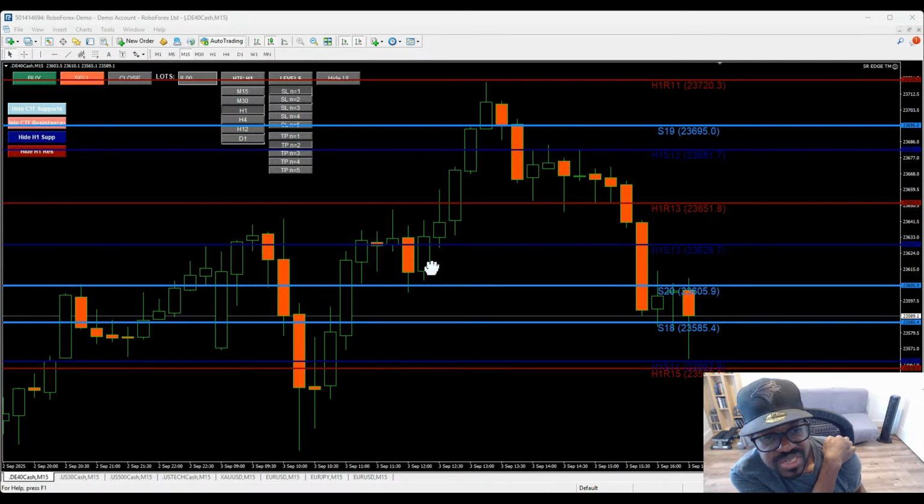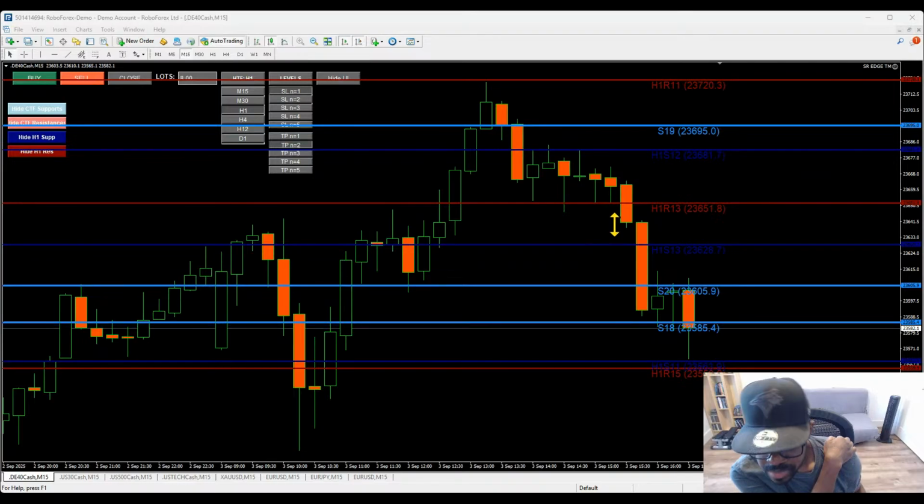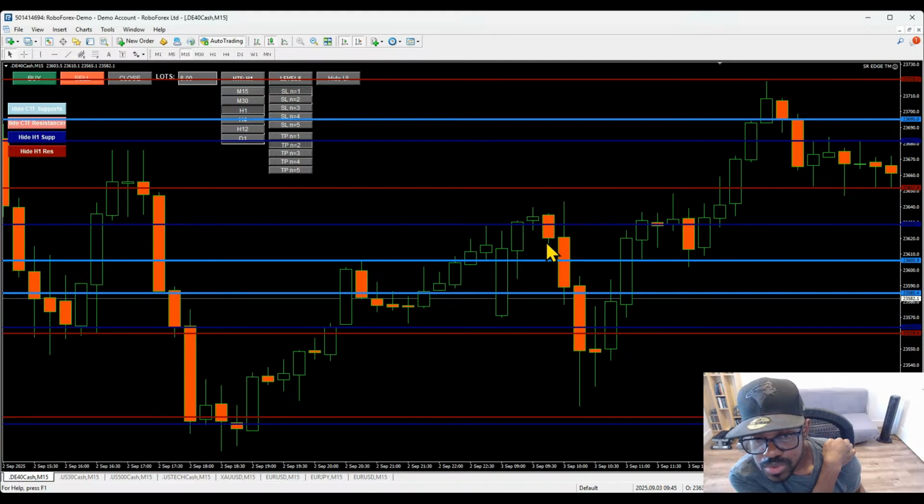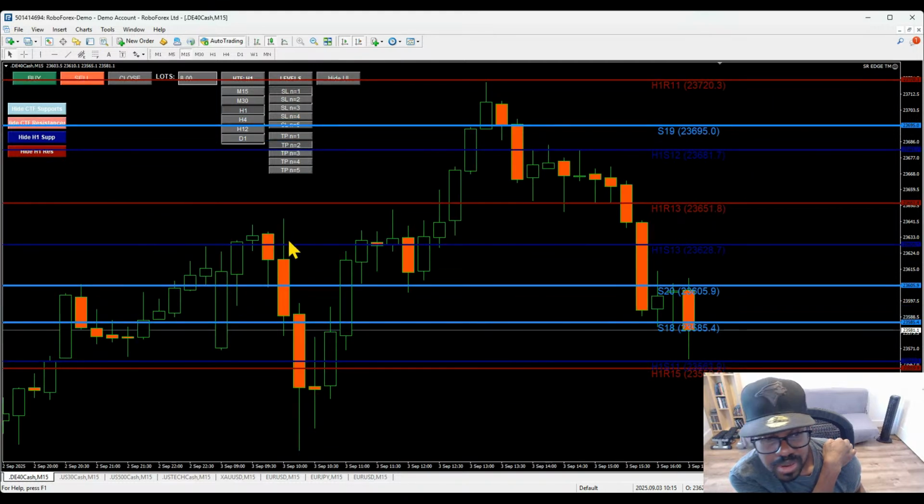Yeah, so the first sell did trail, but the second started to reverse after that, and the trend started to go up. So that's why it lost. So the first sell was right here, and then the second was near the end.